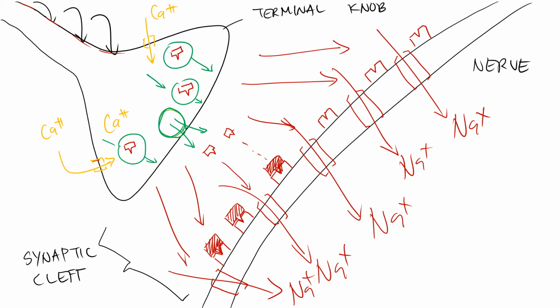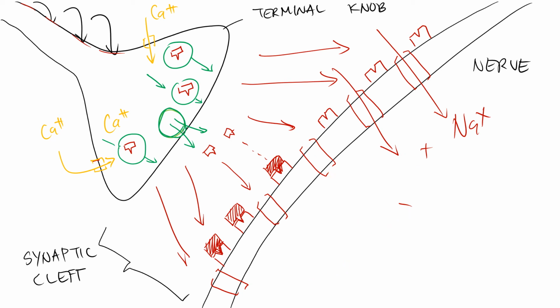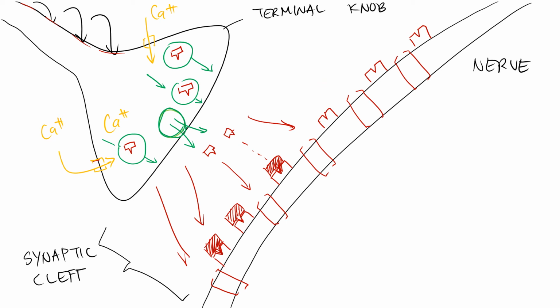This is an example of one nerve cell stimulating another nerve cell. Now, the question is, is it all stimulation? Does your nerve cell always stimulate another nerve cell?